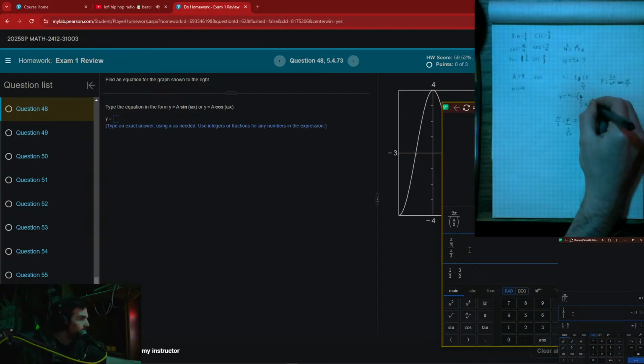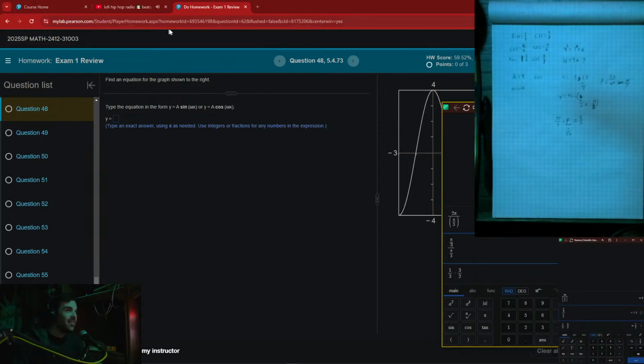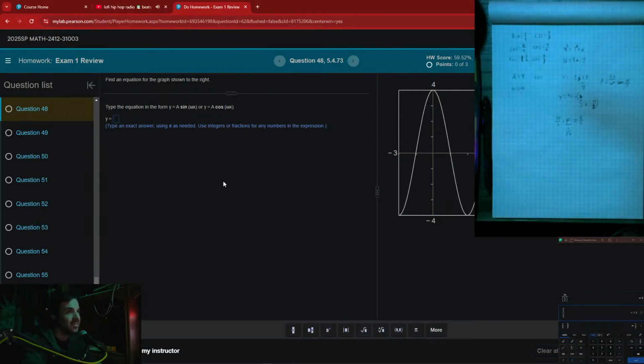I mean, sorry, pi over 2. Let's see if they'll accept that answer. And if they don't accept it, I'm just going to write the cosine because it's way easier. But it was still a fun thought experiment, and I don't regret the time that I wasted on it. I feel like at some point it's going to come in handy later.